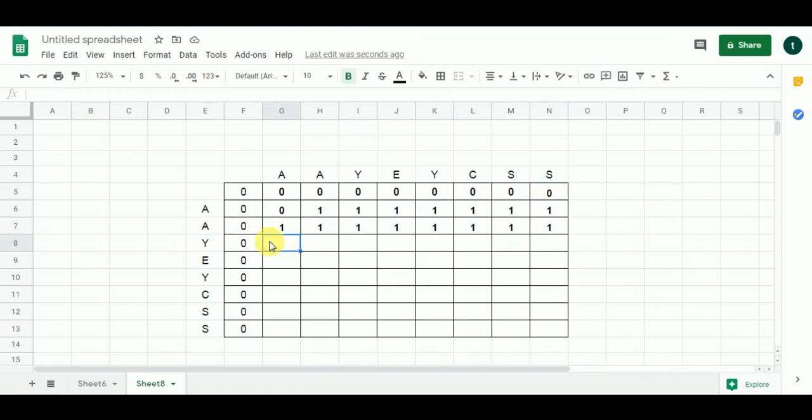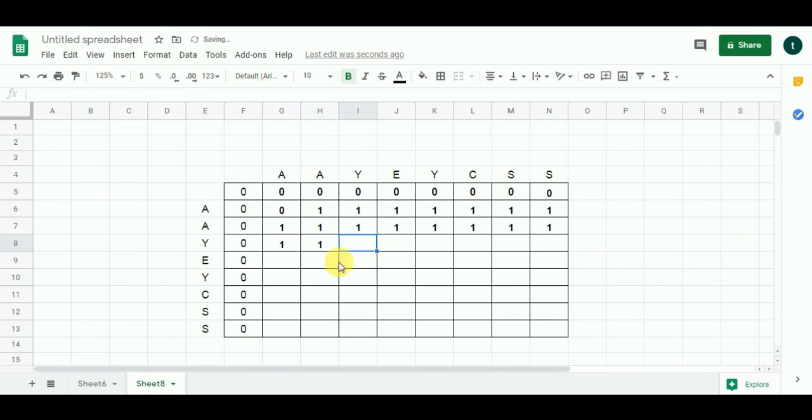Let's move to this character. Now Y doesn't match with A, so I'm going to choose the maximum value out of these two cells, and it's going to give me 1. Alright, now let's check the value of this cell. So Y doesn't match with A, so it is again going to be 1.